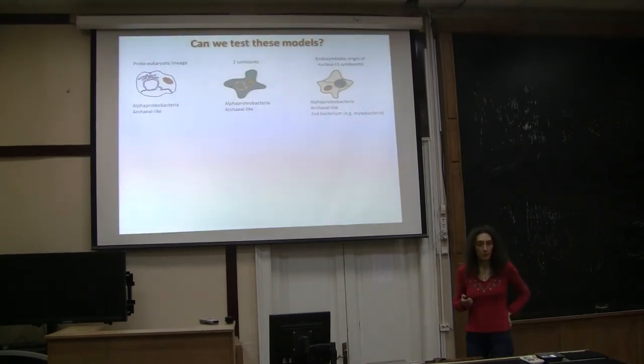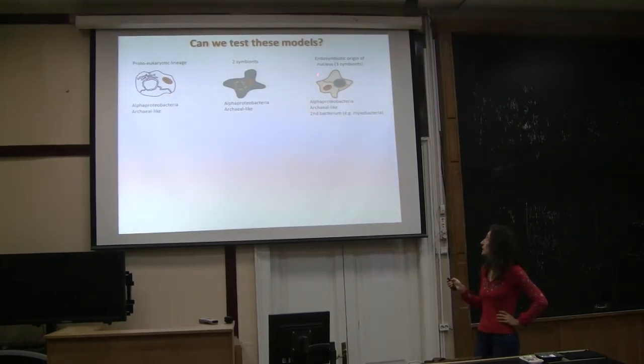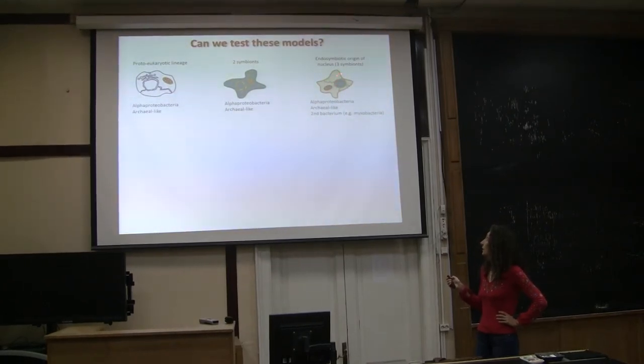Can we test them? The answer is that it is very difficult. We have, in very brief lines, three major types of models: those that propose a proto-eukaryotic lineage independent of Archaea and bacteria, engulfing the ancestor of mitochondria; those proposing directly an archaeon engulfing the ancestor of mitochondria; and those proposing a dual symbiosis with an endosymbiotic origin of the nucleus, that is, an archaeon engulfed by a bacterium that also involved the ancestor of alpha proteobacteria.